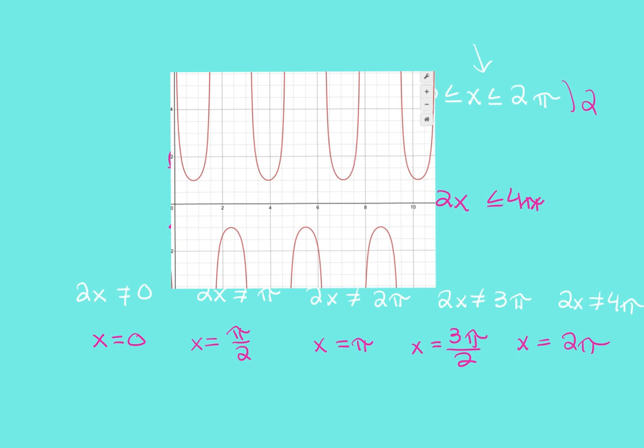And to give you a visual, here is the graph of cosecant of 2x. And I've got vertical asymptote at 0. And then this would probably be about 2 pi. So within that domain, there are my vertical asymptotes.